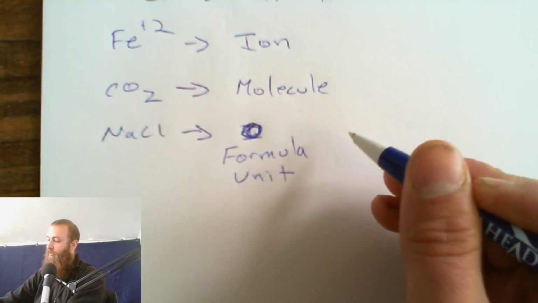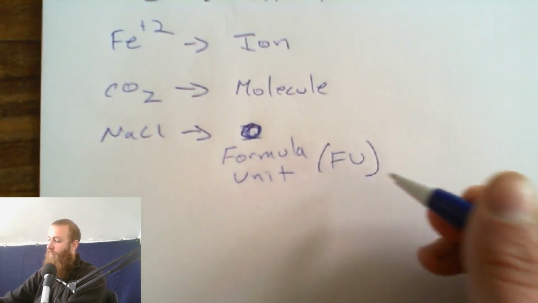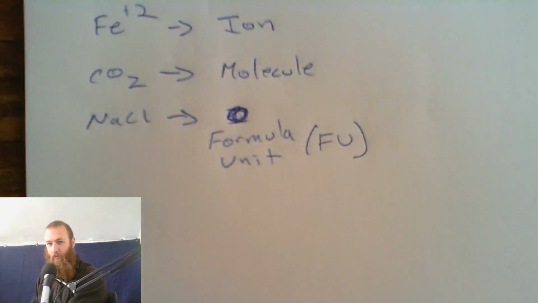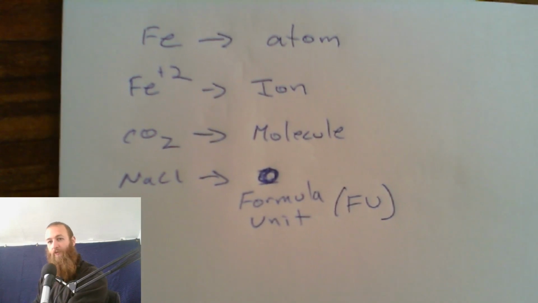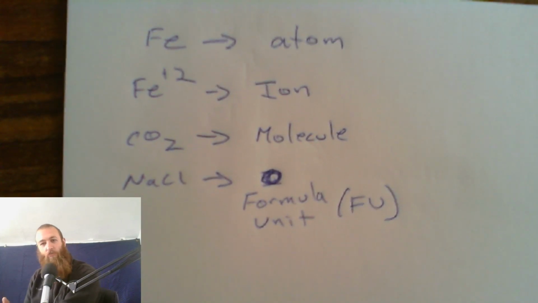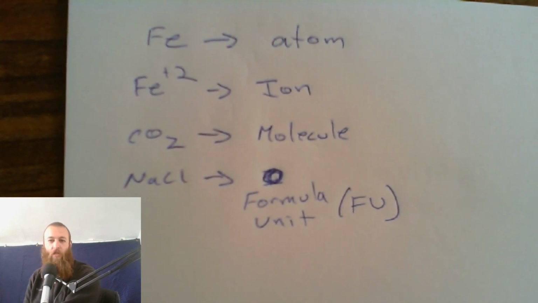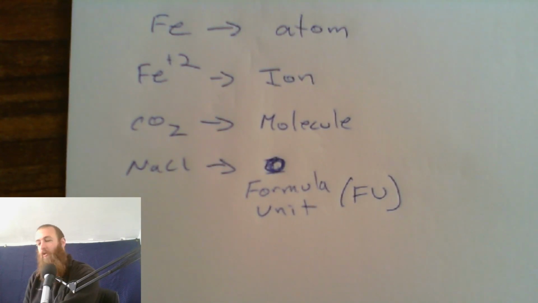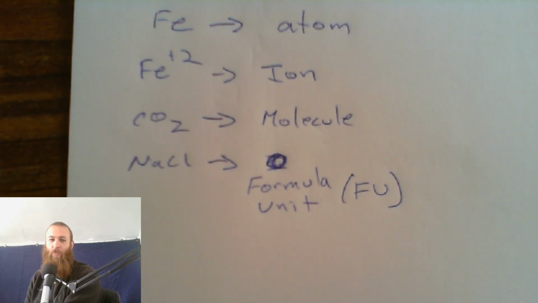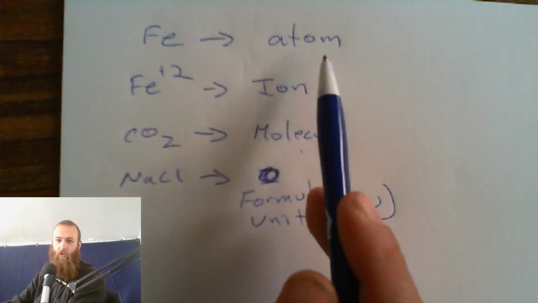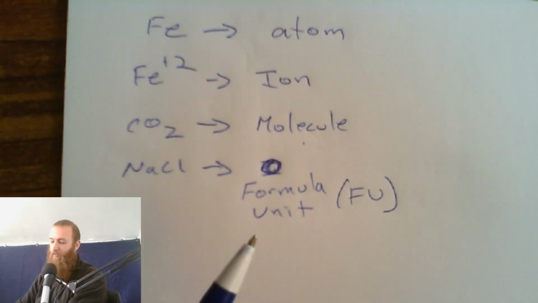I sometimes abbreviate that as an FU, okay? It just gets you through the question. So there are the four possibilities. You can have an atom, an ion, a molecule, or a formula unit. Don't worry about the names so much. Just know that sometimes you're going to need an extra step to go from something like a molecule to an atom. We'll do a couple examples, all right?